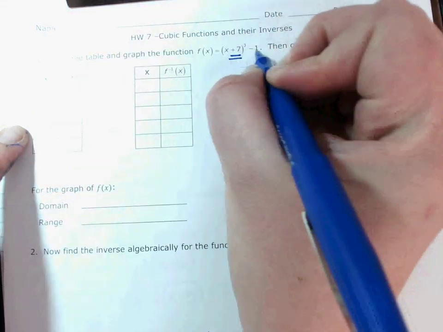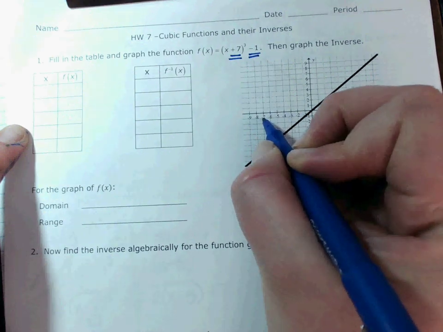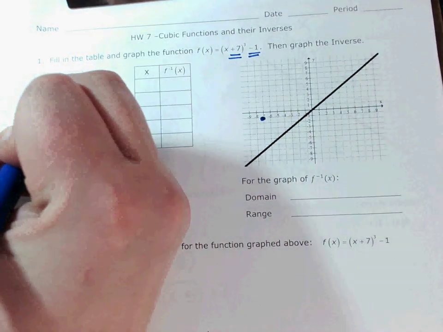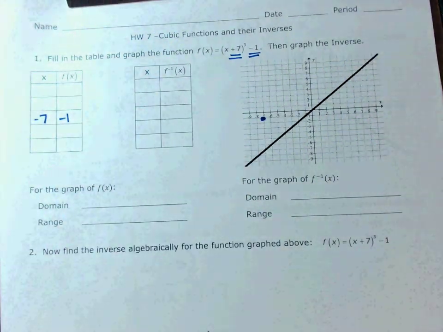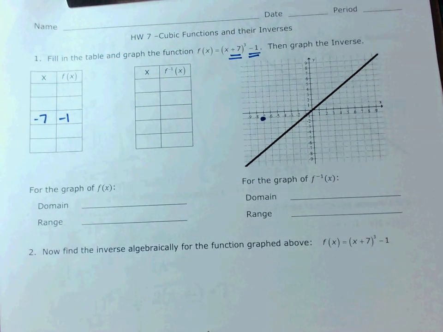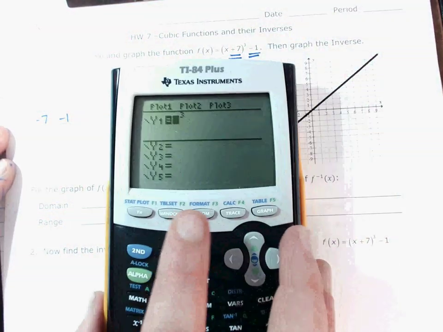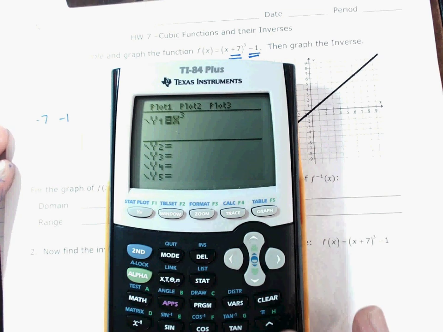So if I'm looking at these two, -7, -1 is here. And then just like we did on the first example, you're going to punch that into your calculator. You guys all got calculators? Okay, you're going to punch that into your y equals. So I want (x plus 7) to the 3 and then minus 1.